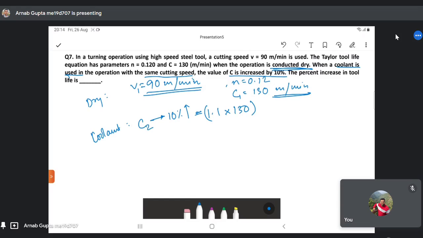So c2 is 1.1 into 130, 143 meter per minute. So you can apply Taylor's tool life equation here. V t power n equal to constant. Okay, you are told that v1 and v2 are same here.